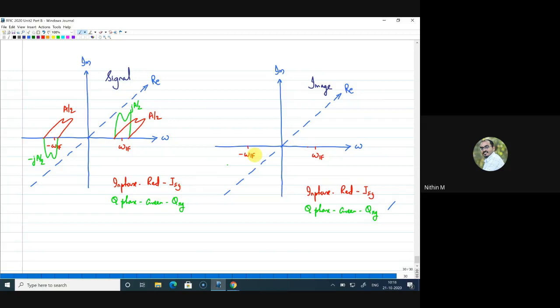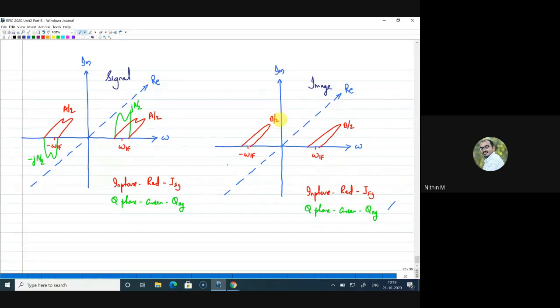The in phase component of the image I'll mark using the same color, the red color. This is the in phase component, since it is multiplied by cos omega LO t. Now I need to mark the amplitude as well here. So the amplitude will be B by 2 and this will be B by 2.